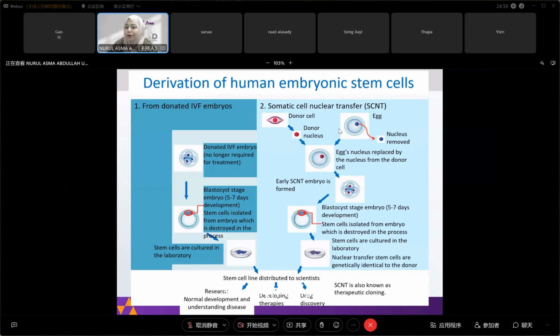With this SCNT method, the fertilized eggs will develop into blastocyst, and the blastocyst can be used for the collection of embryonic stem cells.